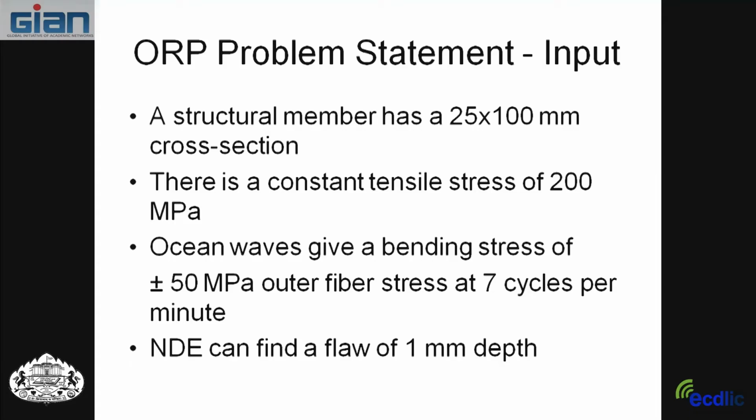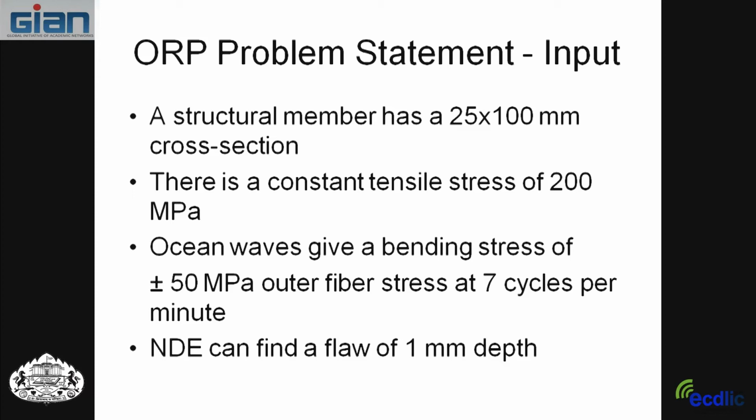So here's the input. I assumed a structural member which is 25 by 100 millimeters. In the university, we use SI units, so I did this all in SI, so you'll be more comfortable maybe. But 25 by 100 cross-section, it is under constant tensile stress of 200 MPa, but the ocean waves give a bending of plus and minus 50 on top of that 200 at about 7 cycles per minute.